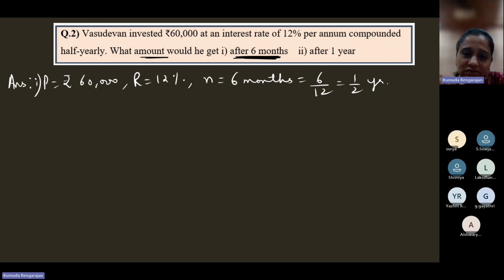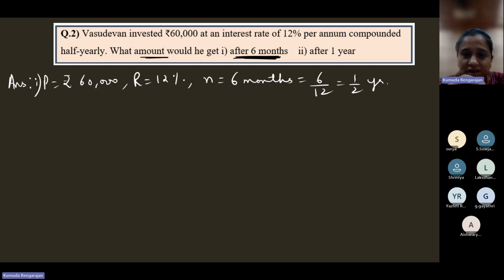If interest is compounded yearly, he deposits 60,000 in the bank and he visits the bank after 6 months. After 6 months, he'll see the same money in the bank because interest will be given only at the end of the year. So he'll see the same money, 60,000.